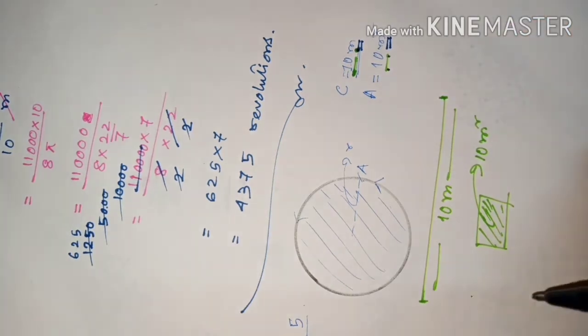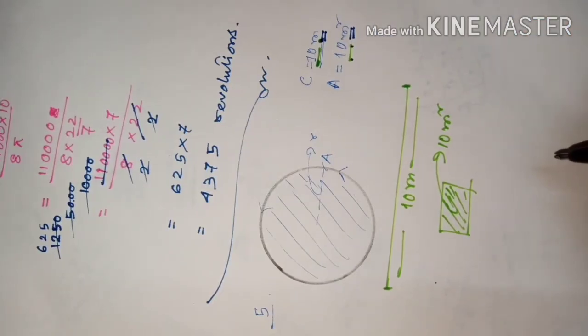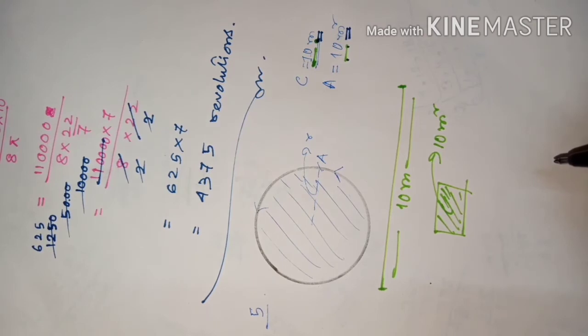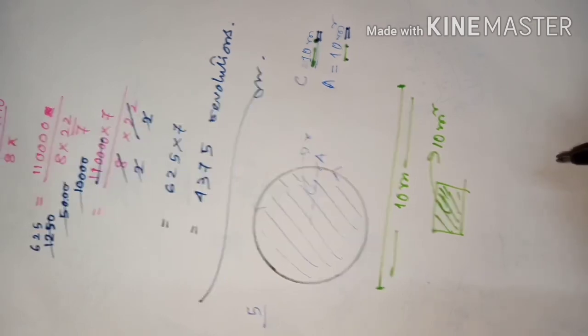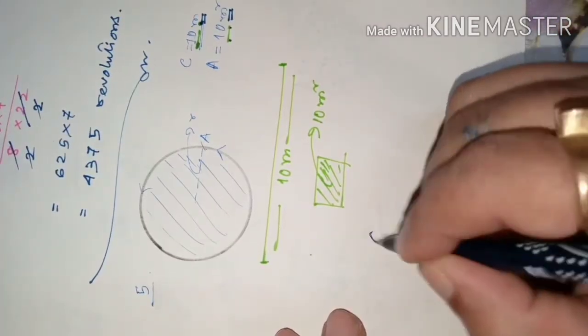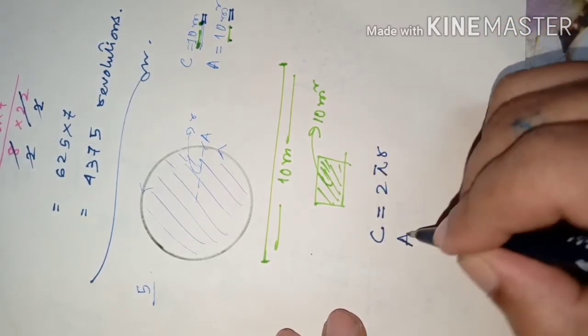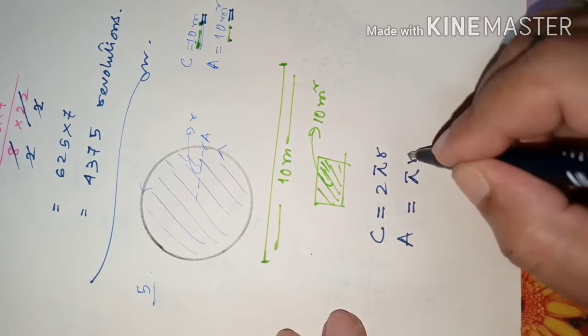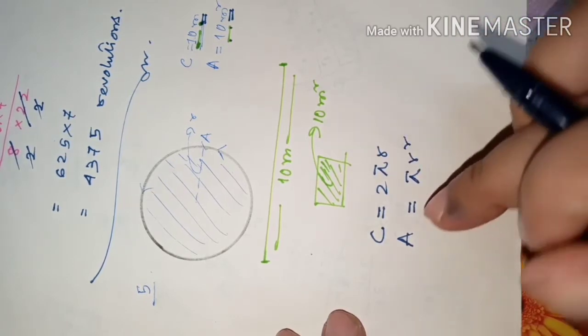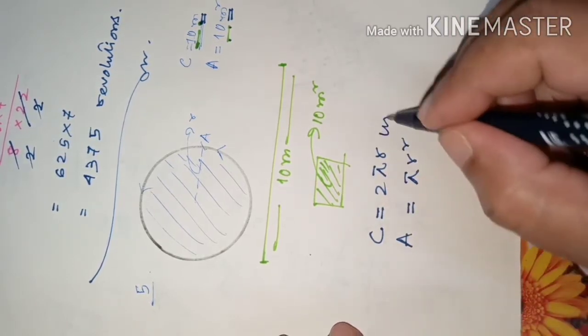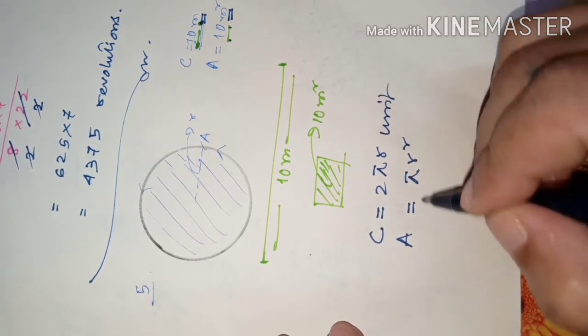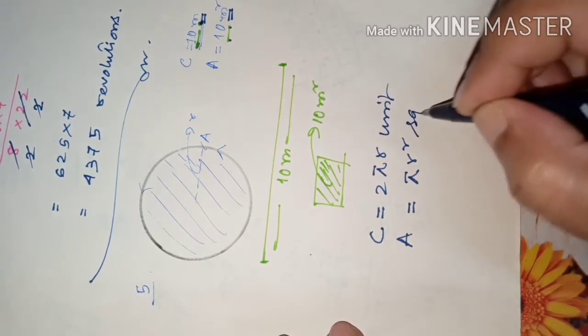So suppose the circumference of a circle is 2 pi r. Circumference is 2 pi r, and area is pi r square. Circumference is 2 pi r unit, and area is square unit.